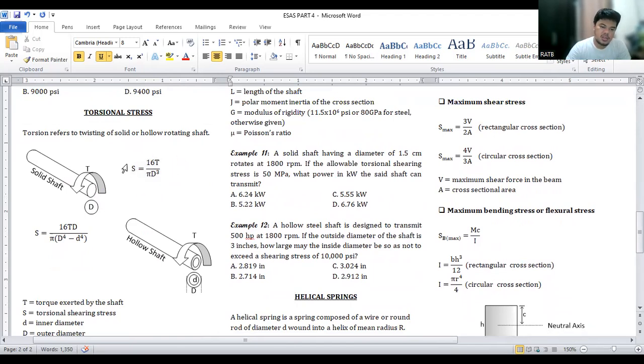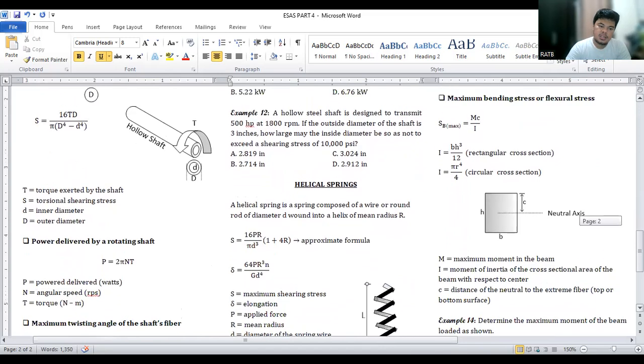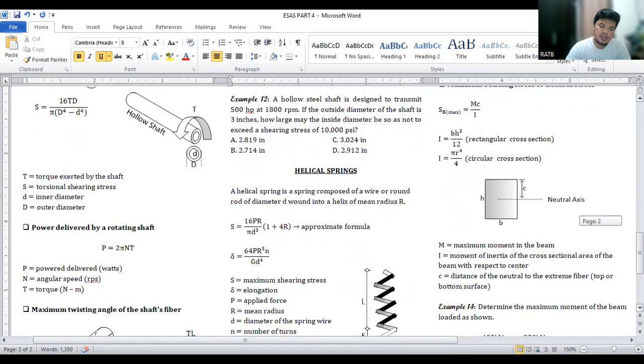Kindly take a look at the formula: 16 times the applied torque divided by pi d cubed. For hollow, you have 16 times T times D divided by pi times D to the power of 4 minus the inner diameter to the power of 4. And then the power.